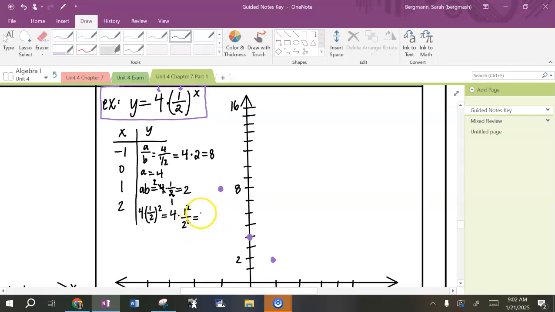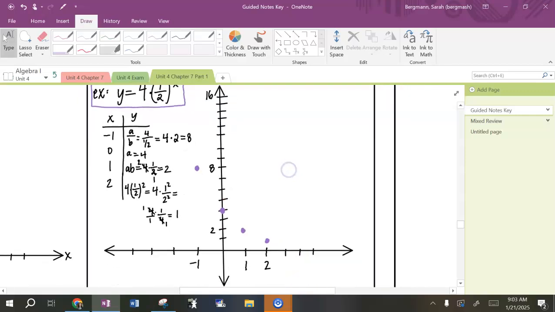So we end up with 4 times 1 over 4. We can again reduce this. 4 and 4 can both reduce by the factor of 4. So we end up with 1 times 1, which is 1. So when x is 2, y is 1. So that gives us this point here.